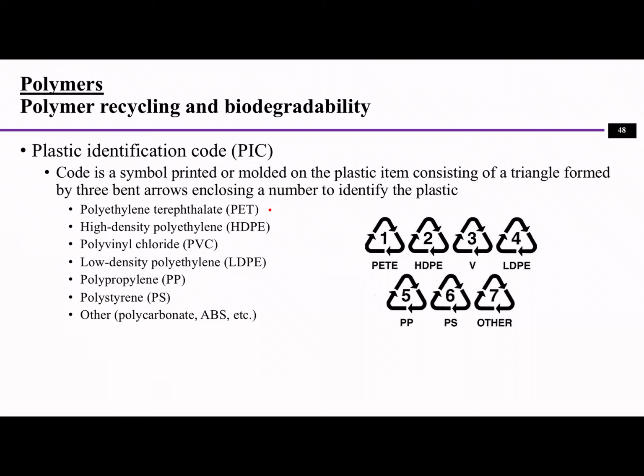Next is polyvinyl chloride, which is PVC, that we mentioned before, used for pipes, fittings, really hard polymer parts. And then the next one is LDPE, low density polyethylene, for example our plastic bags in supermarkets.